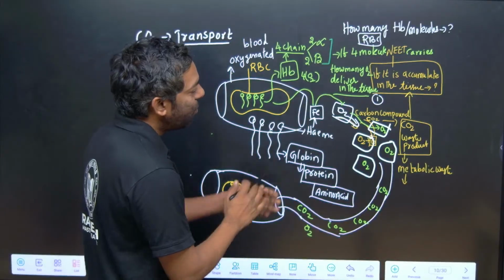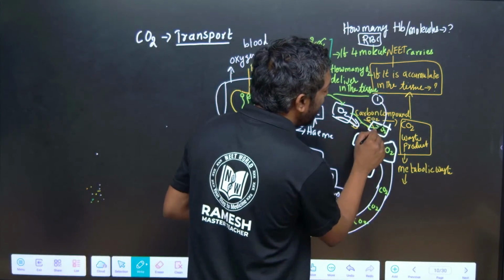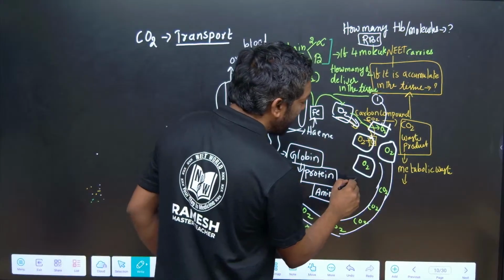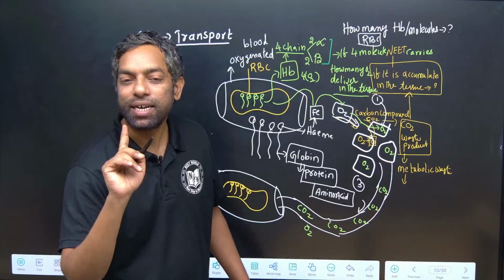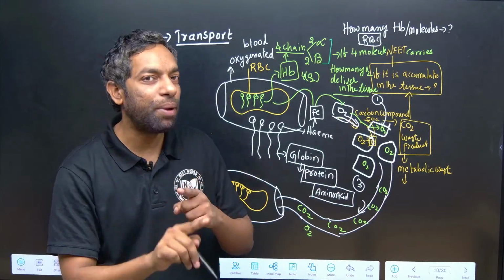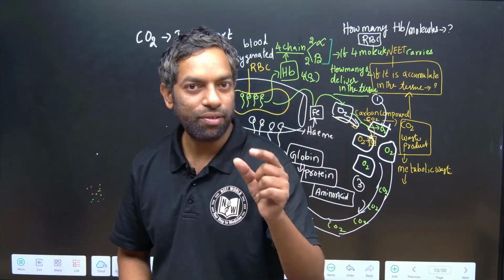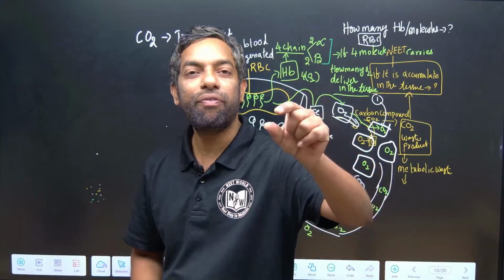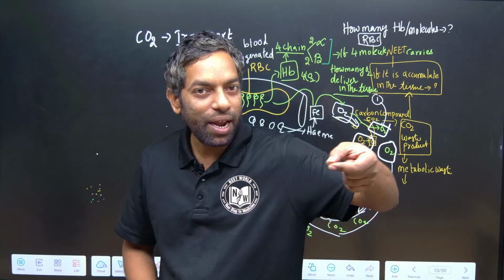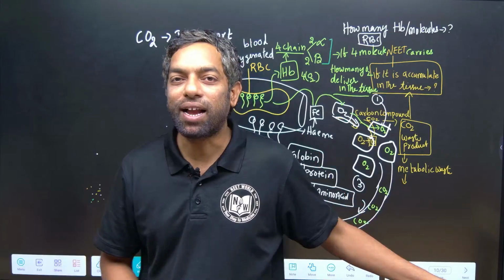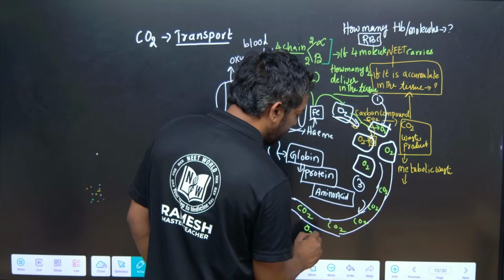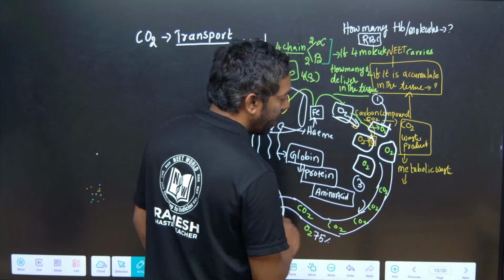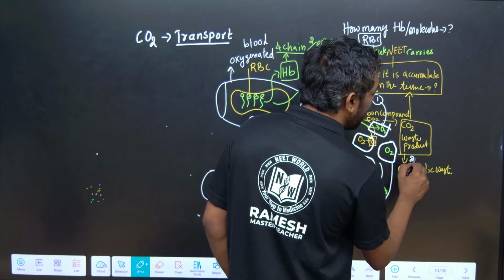Yeah, guys, one oxygen they can deliver and remaining 3 oxygen they can carry. That means 25% oxygen, one hemoglobin particle, they can give the oxygen 25% in the tissue, remaining 75% they carry back in the deoxygenated blood. 75% they can carry, only 25% they can deliver.